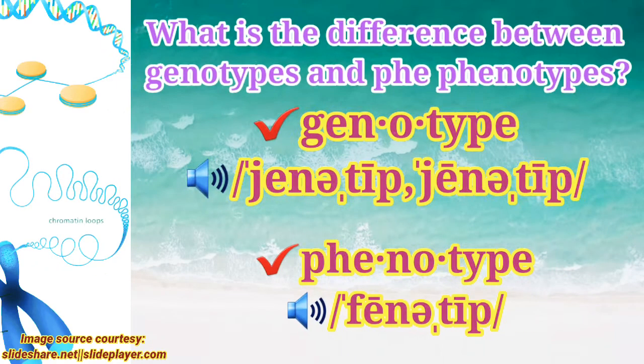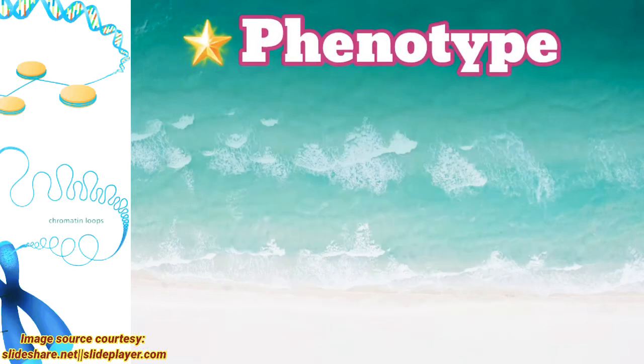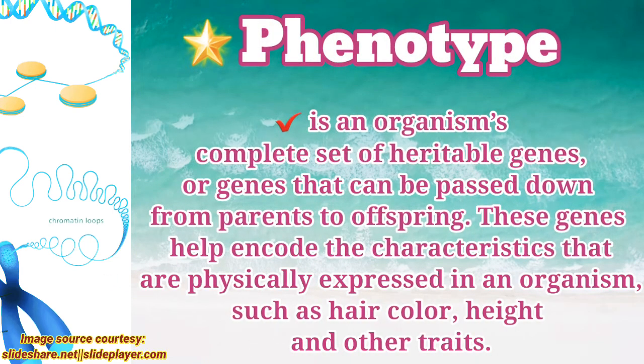Genotype, phenotype. How can you differentiate between genotype and the phenotype? When we talk about genotype, that refers to the alleles that an individual receives during fertilization for a particular trait, while the phenotype refers to the physical appearance or actual appearance of an individual resulting from the expression of a genotype.